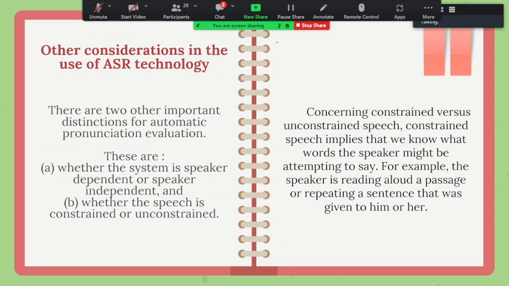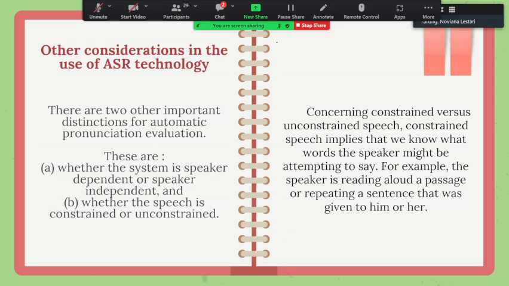Other considerations in the use of ASR technology. There are two other important distinctions for automatic pronunciation evaluation. These are whether the system is speaker dependent or speaker independent, and whether the speech is constrained or unconstrained.